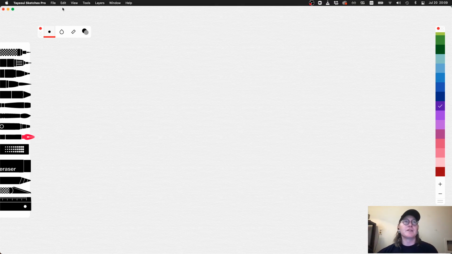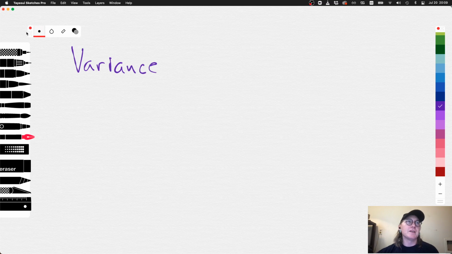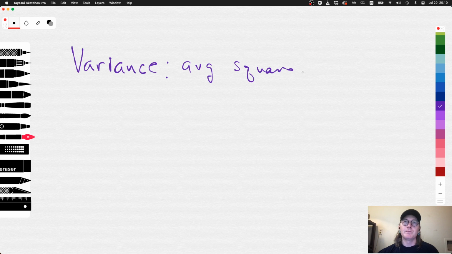Okay, so this idea of variance. Variance is directly related to the mean. In fact, it is the average squared distance between each data point and the mean.